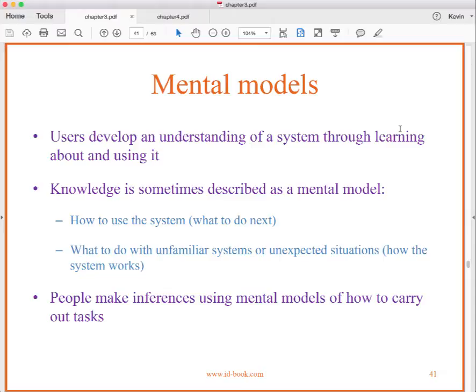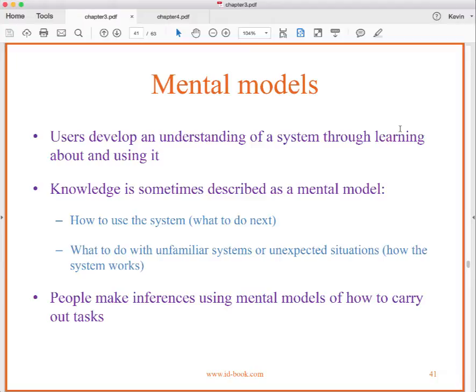Okay, so users, as they learn about and come to use our system, develop an understanding of it. Sometimes we describe this as a mental model of the system, how to use it, what to do next, what to do with unfamiliar systems or unexpected situations.